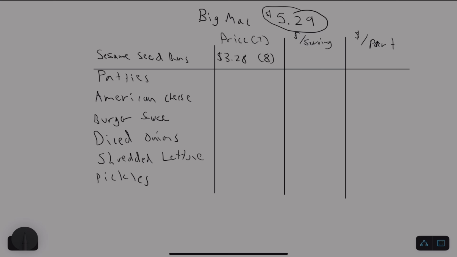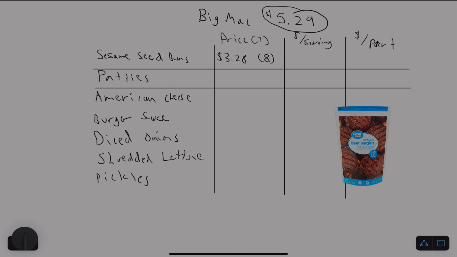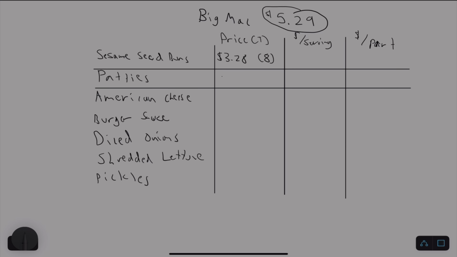For our hamburger patties, they are the Walmart branded one, the 80/20 brand, and that is $12.97 for a pack of 12. Also keep in mind that the prices for these items can also vary based on where you live.